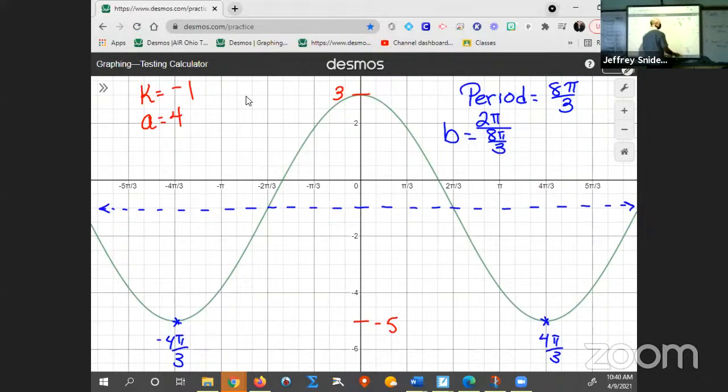Let's see, maybe all I have to do is think of this as 2π times 3/8π. Isn't that how you divide by a fraction? Multiply by its reciprocal? Oh, okay. So what are the pi's going to do? Cancel. What do I get in the numerator?